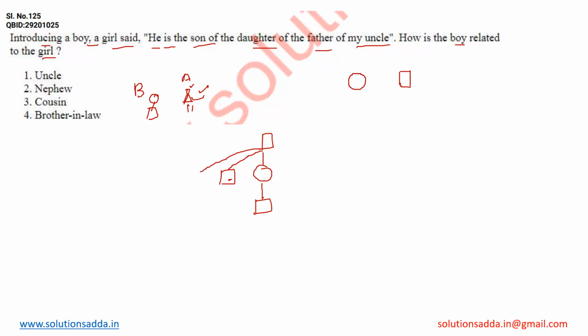So there must be another child. It's not specified whether male or female, but that girl is a child of this other child of this person. So here the girl is placed and this is the boy B and this is A. So you can clearly see that the relationship between A and B is that they are cousins. So the correct option for this question will be option number 3, cousin.